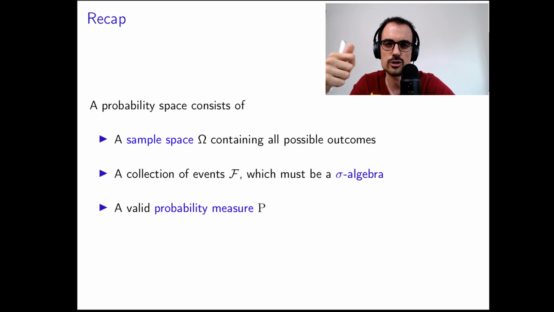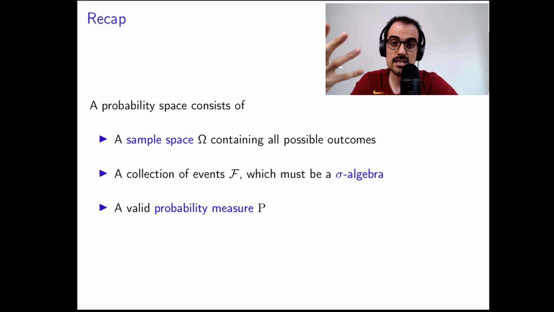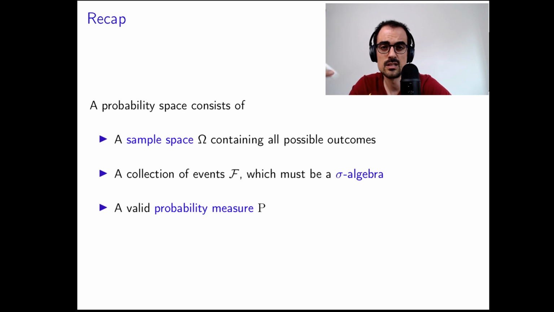You want to include unions, you want to include the whole sample space, you want to include complements. And then you need a valid probability measure that also has its own properties that essentially follow from this intuition: the probability of an event is essentially the fraction of times that event is going to happen if you repeat the experiment over and over and over. Okay, the mathematical definition just captures that intuition.